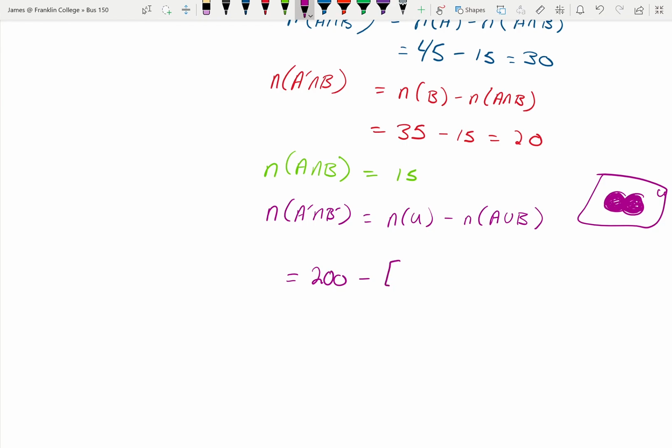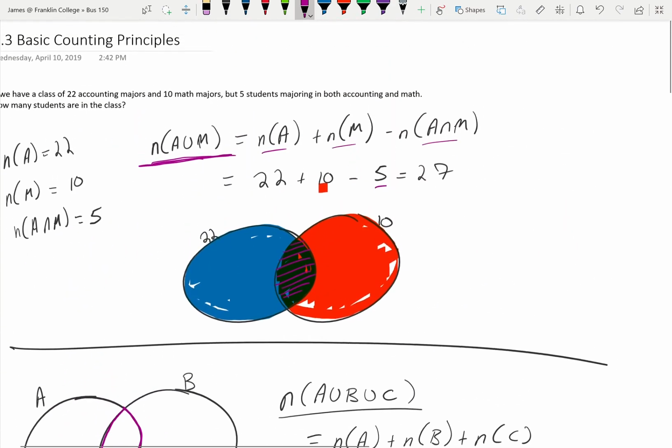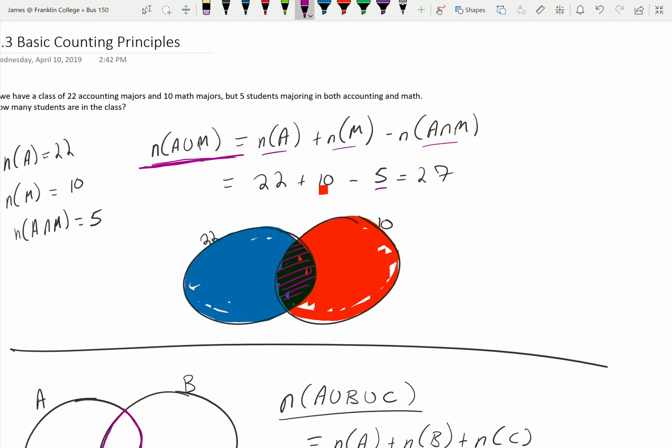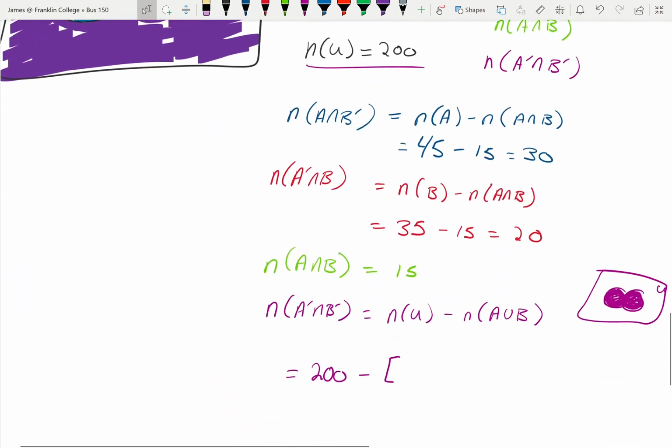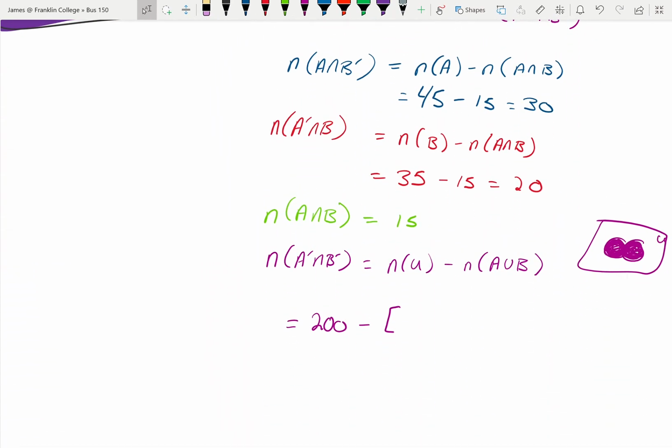Remember the very first equation that we showed to begin this lecture: the number of elements in the union of two sets is that we sum what's in both sets together, and then we subtract the intersection region between the two. So the number of elements that's in A is 45, plus the number of elements that's in B, that's 35, minus the total number of elements in A intersect B, which is 15.